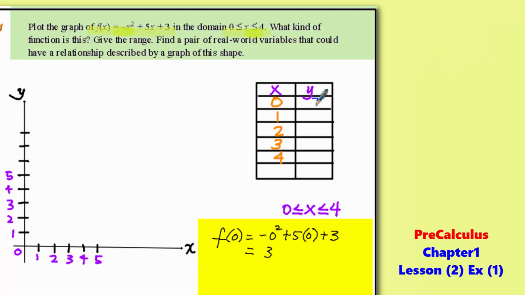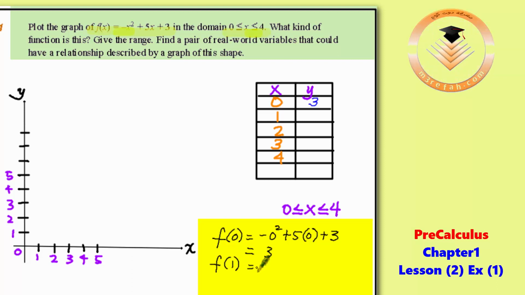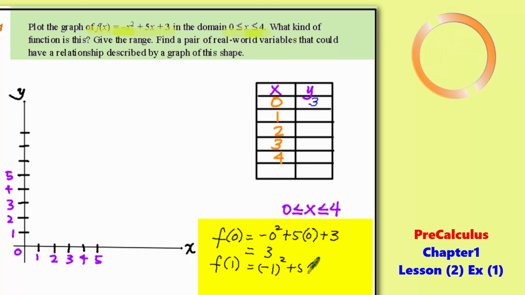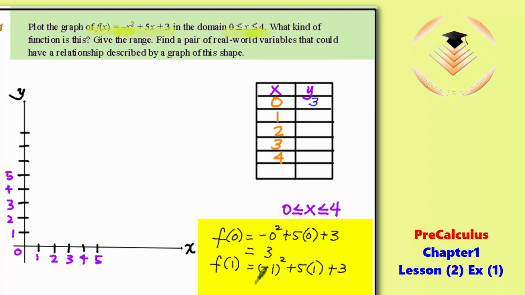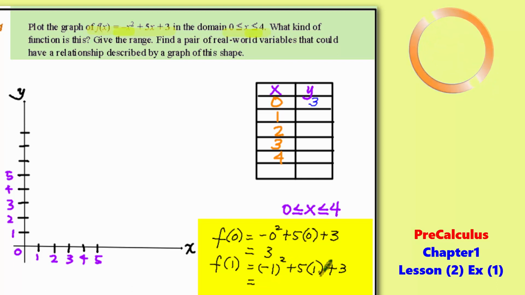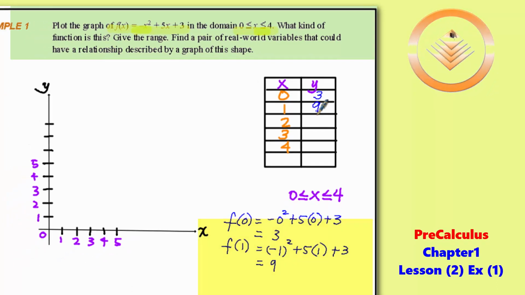So we have a value of 3 here. Now if x is equal to 1, that would give us negative 1 squared plus 5 times 1 plus 3. This is negative 1 plus 5, that's 4, plus 3, we have 7. So we have 7 here.